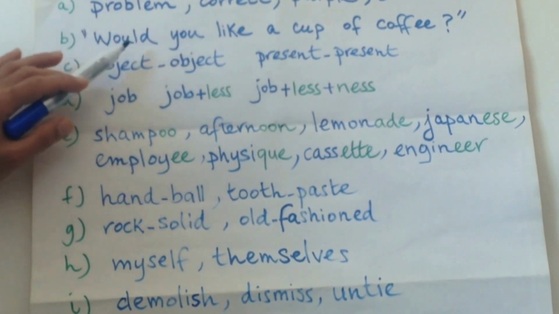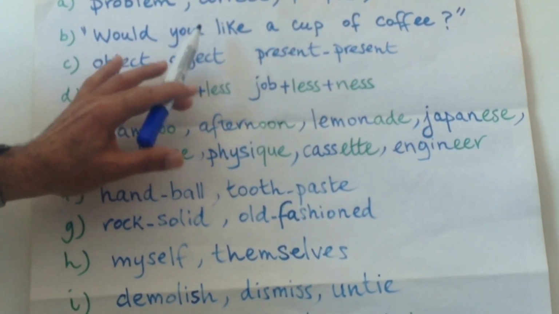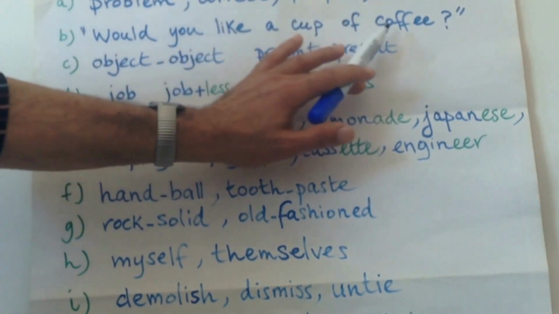Listen to this sentence. Would you like a cup of coffee? Okay, clearly here only content words are stressed.